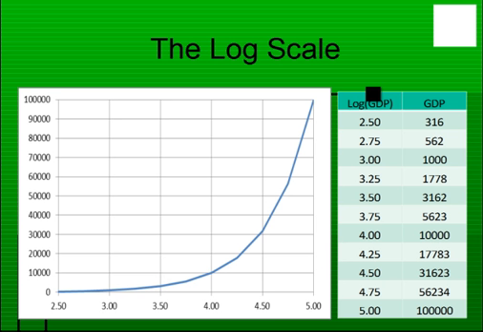This same situation is shown in the graph, where a half a point difference on the x-axis translates to a very small difference in the initial part, going from 2.5 to 3.0. The blue line hardly rises. From 3.0 to 3.5 there is more rise. From 3.5 to 4 there is even more, and similarly the graph of the log keeps increasing.